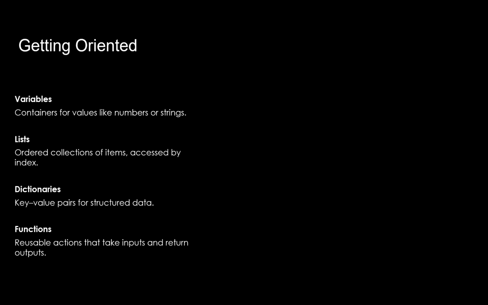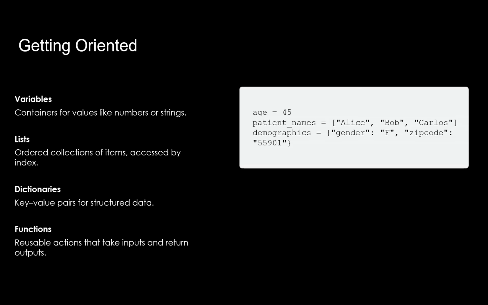Next, let's get oriented a little bit to what I called before containers. These are different things in Python we use to place data into. A variable is one type of container in which we can define a name for something where we will make it equal to some value or some series of values.